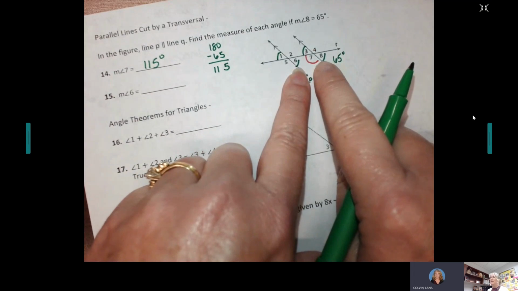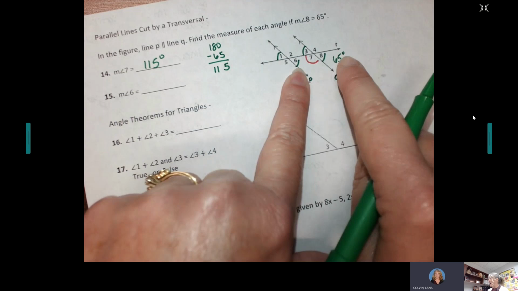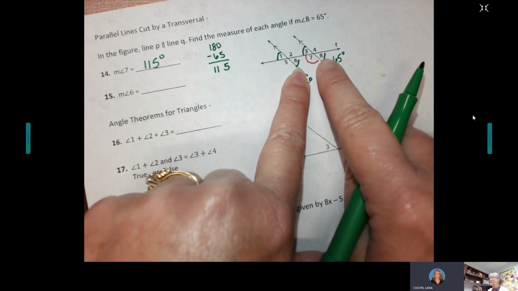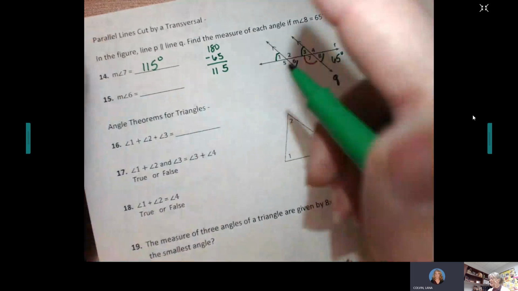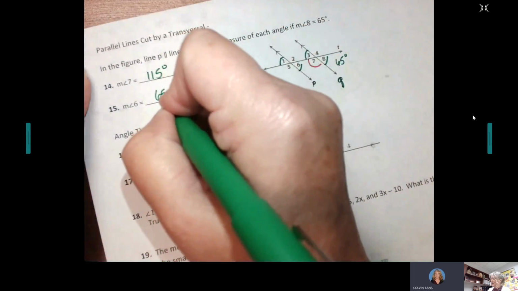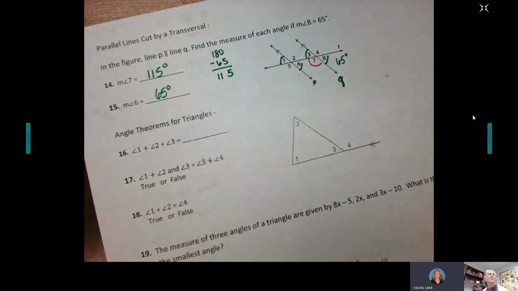All right, the measure of angle 6. If 8 is 65, how big is angle 6? 65. They're either equal or they add up to 180. In a transversal, I need you to hear the words coming out of my mouth.